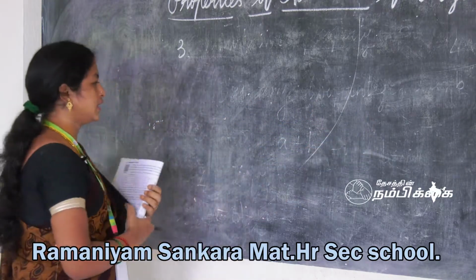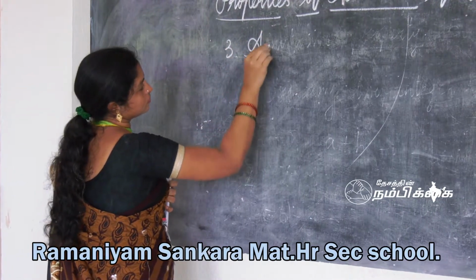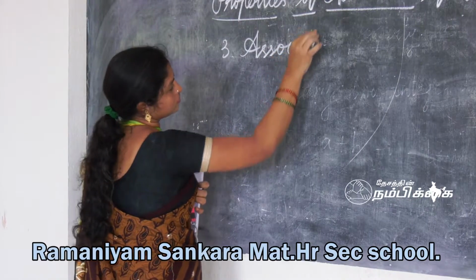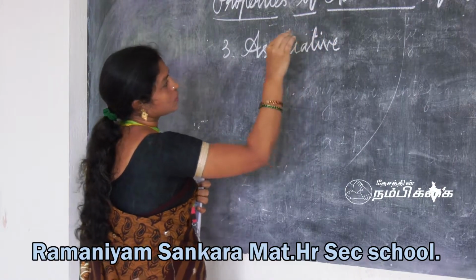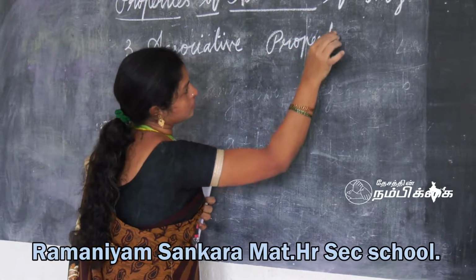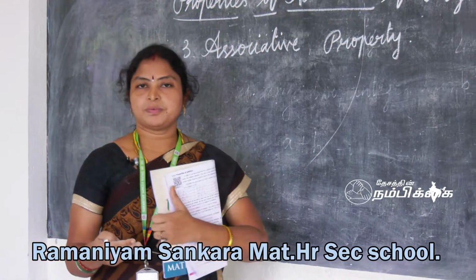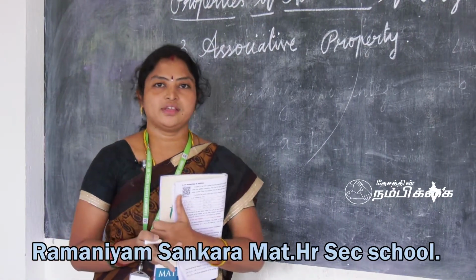Associative property. So listen. In closure property and commutative property, we took only two integers, isn't it?